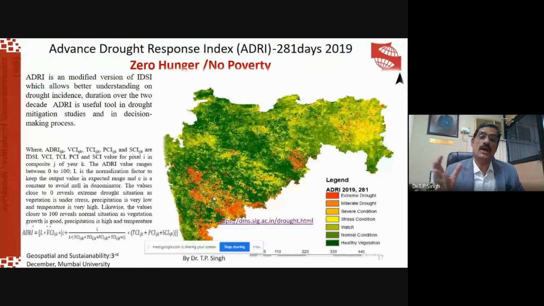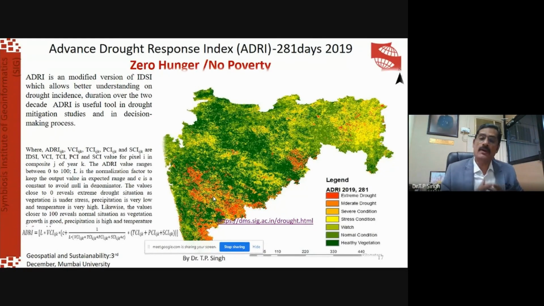Then AVHRR provides the soil moisture of a particular region. If we get this information from different satellite data sets, we can model these things to develop one advanced drought response index, which provides real-time and near real-time information about how drought is prevailing there.